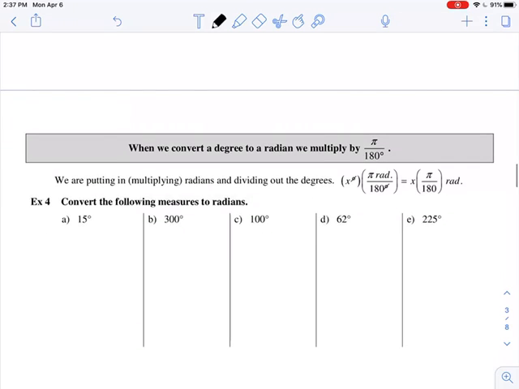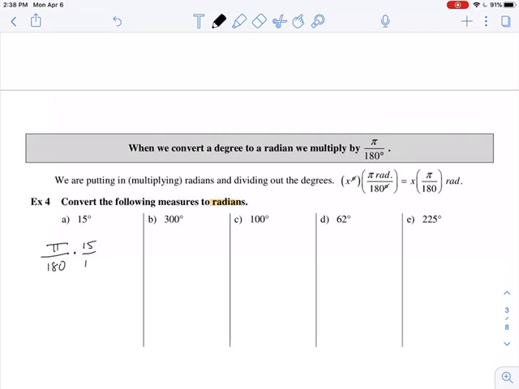So if I want to go from 15 degrees, what I'm going to do is multiply by pi over 180. And I guess you can think about it this way too. When I'm going to radians, at least for our cases, I'm going to end up with a pi in my number. So I need that pi on top to be there. So that's how I remember, when I'm going to radians, it's pi over 180. So I'm going to multiply by 15 over 1.